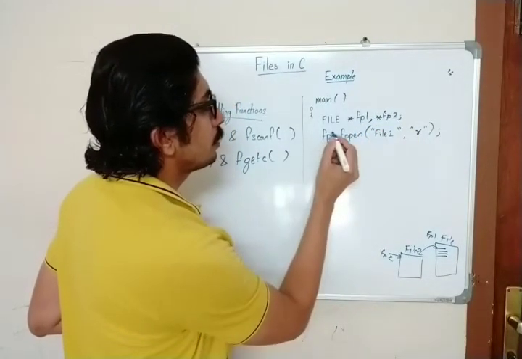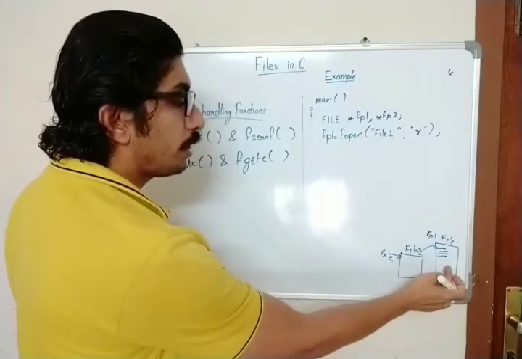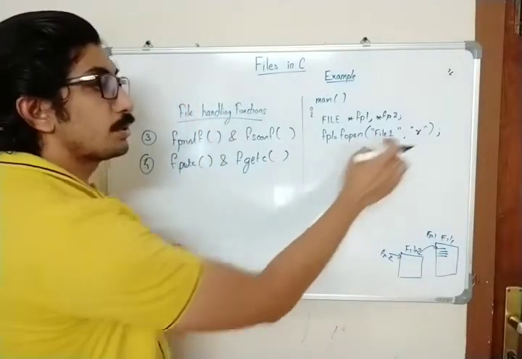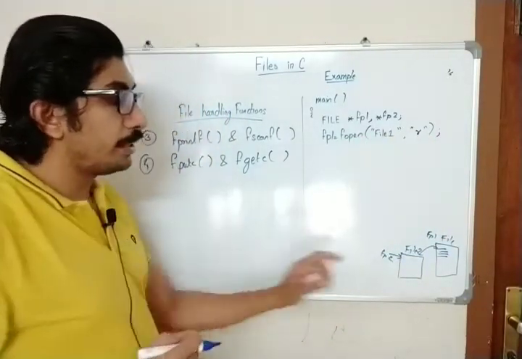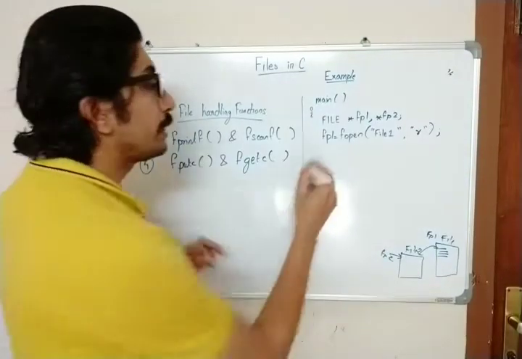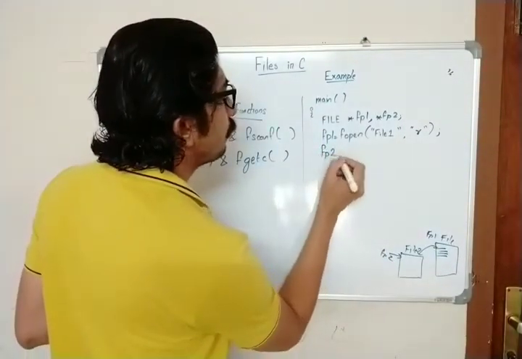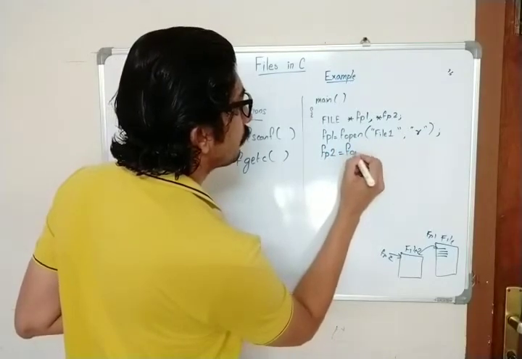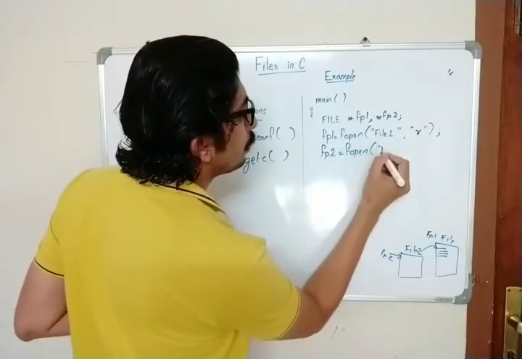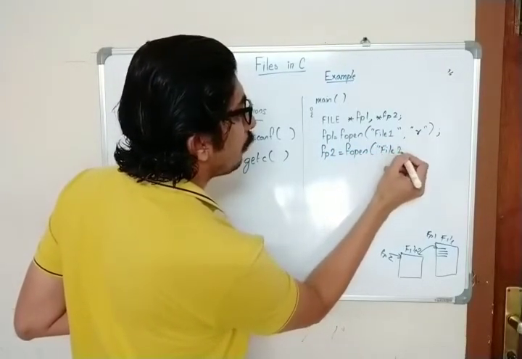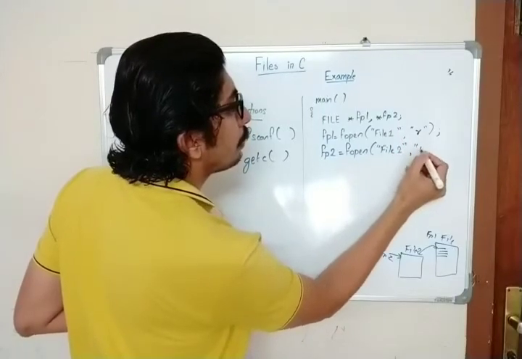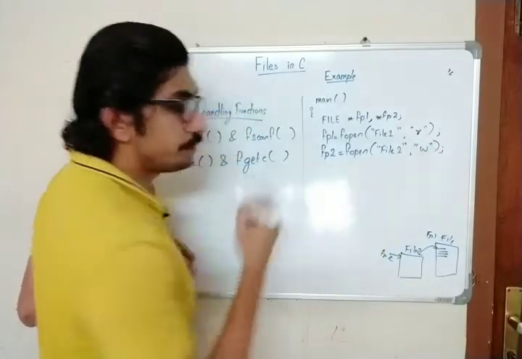First of all, you have to understand that there are two files, which means there will be two file pointers, say fp1, and another pointer which points to file2, which I am naming fp2. From fp1 you are going to read the content from file1, so it will be opened in read mode, and to fp2 you are going to write. So fp2 is equal to fopen, you are creating a new file named file2 and opening it in write mode.